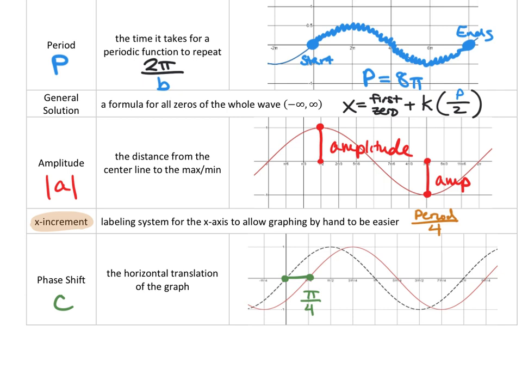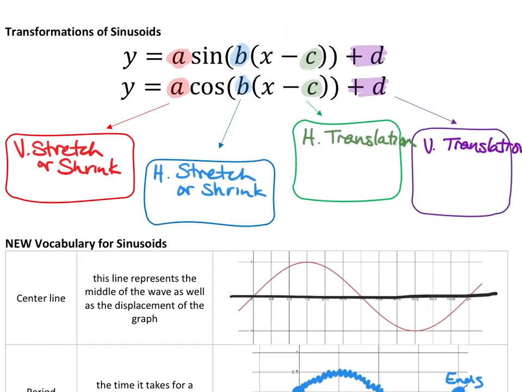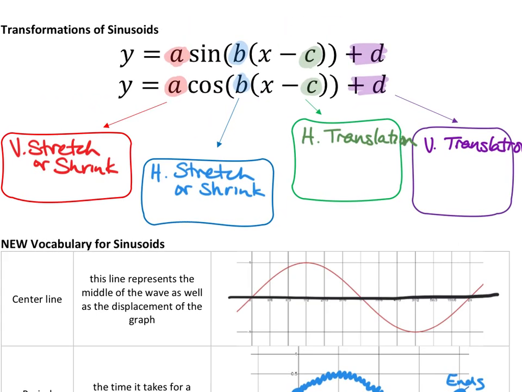Few more vocabulary words. There's a lot of new vocabulary when it comes to sinusoids. We can take all of these vocabulary words that we just saw and change how we wrote these words. Instead of vertical stretch or shrink, the word that we're going to use to discuss that in regards to sinusoids is the amplitude. It's the same thing.